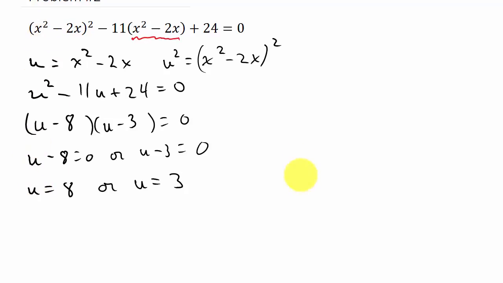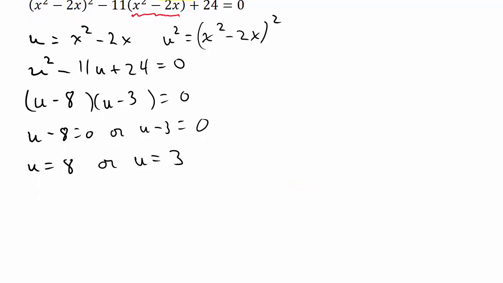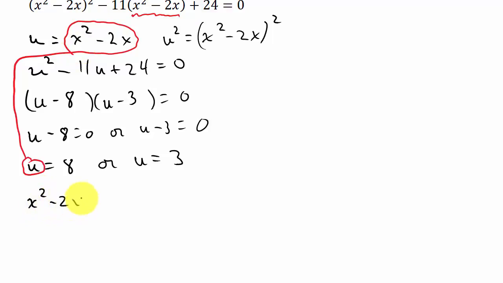So the u is going to be replaced with x squared minus 2x. So I have x squared minus 2x, put that in for u, is equal to 8, or, and then I'm going to take the x squared minus 2x, put it in for u, and that equals the 3.